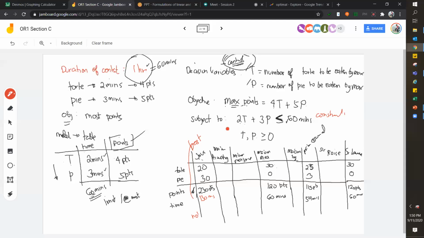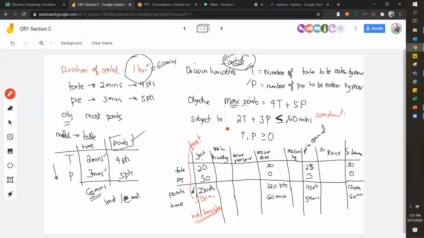Ito guys, kitang-kita, yun yung reason kung bakit may constraints. Pwede naman kainin ni Max 20 and 30, kaso may limitation na 60 minutes nga lang yung contest para maka-obtain ng max points. So, ang tawag dito, hindi siya feasible. Hindi po pwede yung ganyan.